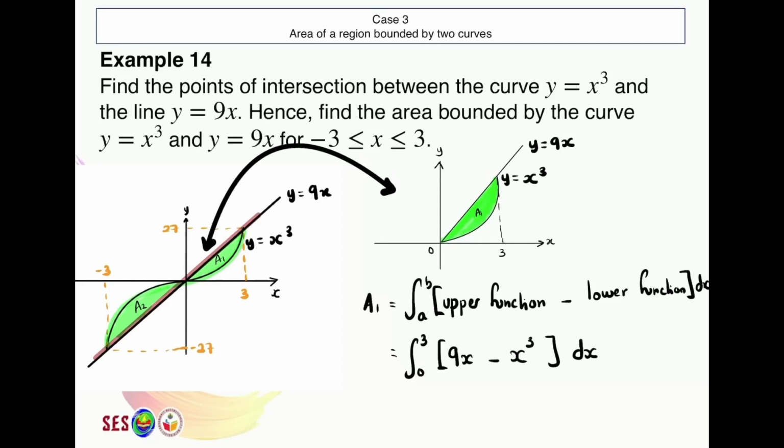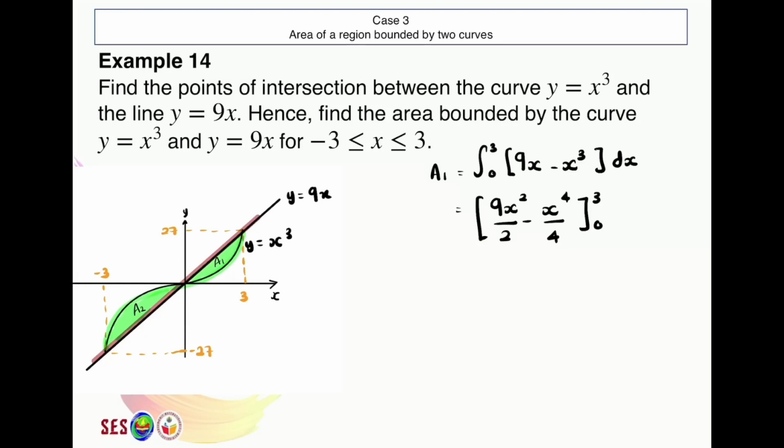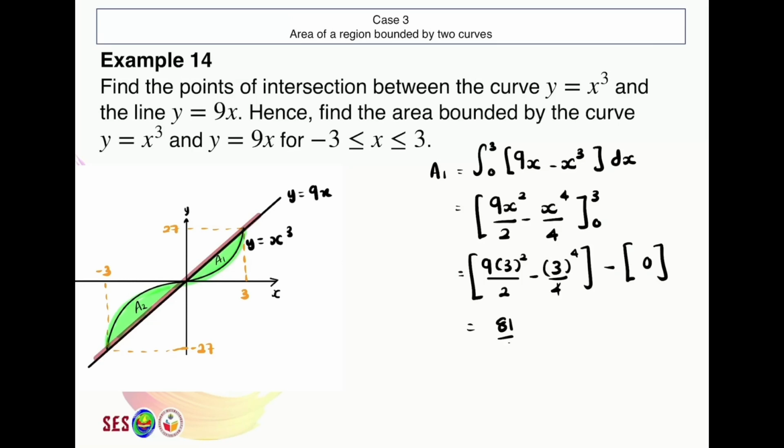Remember, when you integrate with respect to x, the function has to be in terms of x. This gives you 81 over 4 units squared.